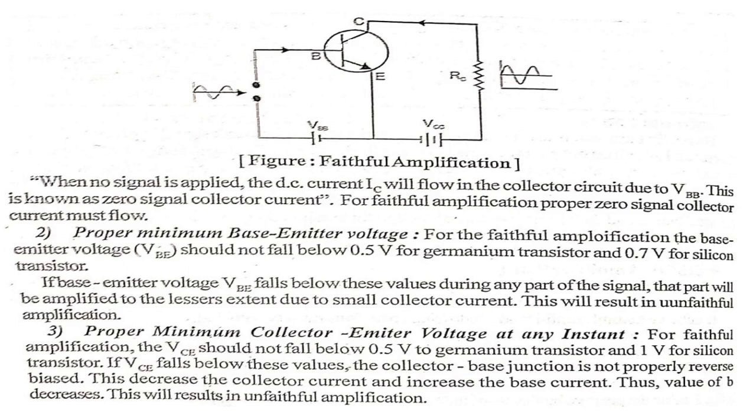See in the figure, consider a simple common emitter amplifier circuit. In the common emitter circuit, the collector current IC is controlled by the base current IB.